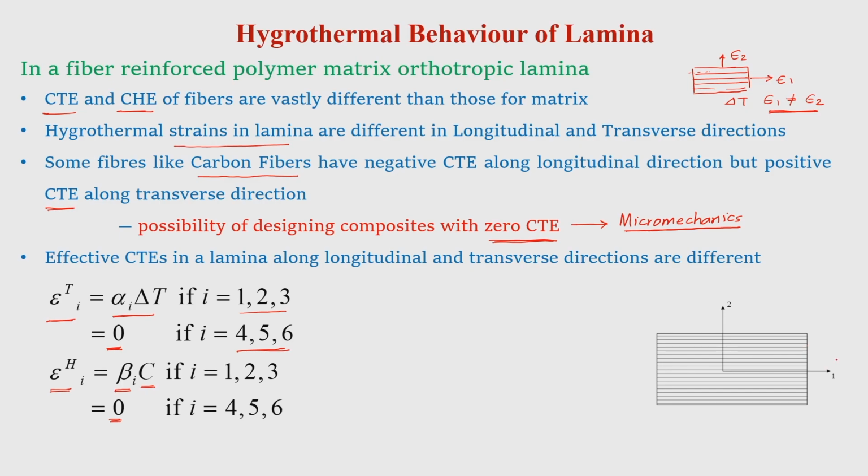So, if we apply delta T here, that will lead to epsilon 1, epsilon 2, epsilon 3, similarly for C also. But no shear strain.